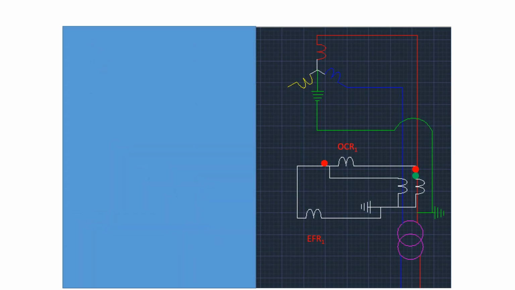Now we'll see when there is an earth fault between CT and power transformer, how the earth fault relay acts.